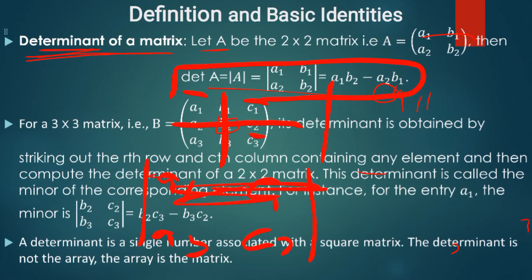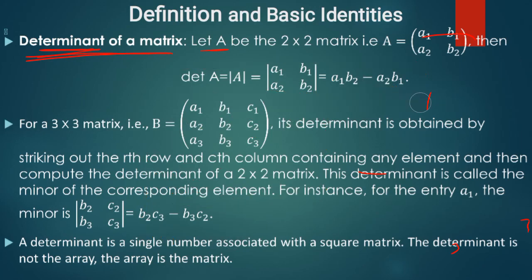Okay, so let's retreat again. To find the determinant again, this determinant is called the minor of the corresponding entry.